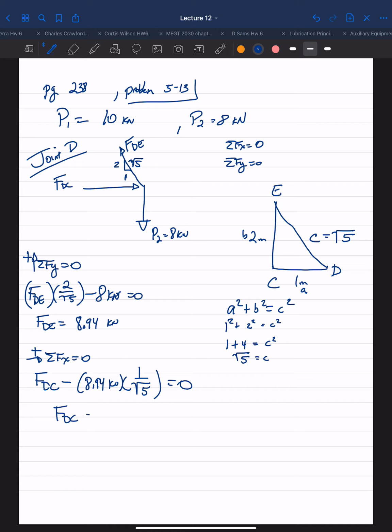This leaves FDC equals 4 kilonewtons. Now FDE is pulling on the joint, so it's in tension. FDC is pushing on it, so it's in compression. So 2 members down, let's go to the next joint.